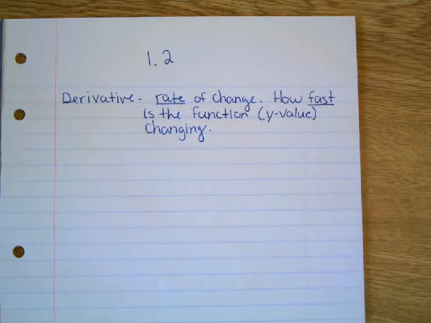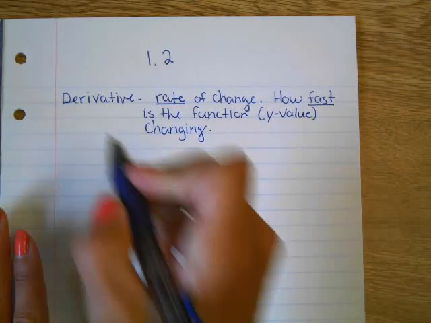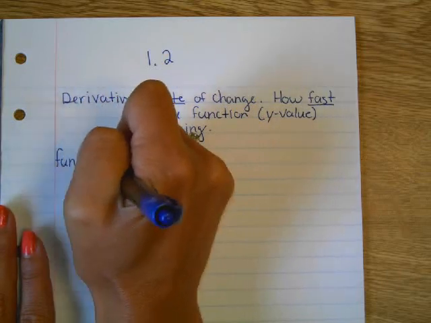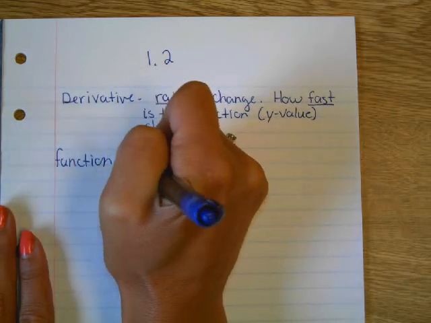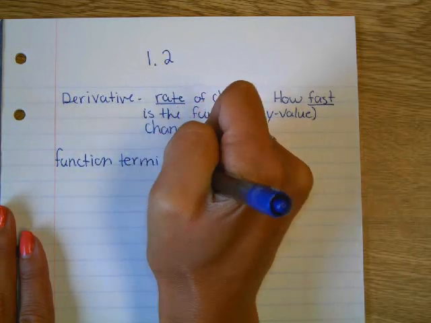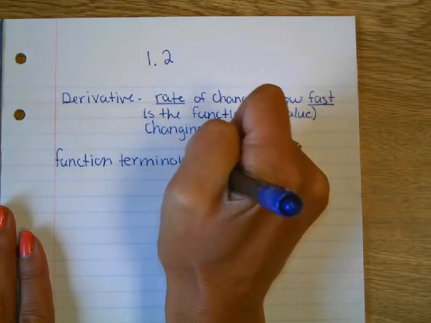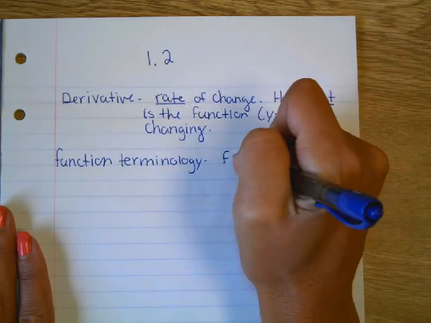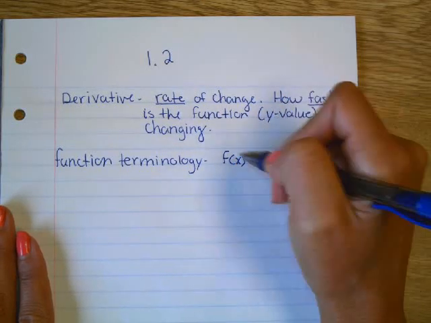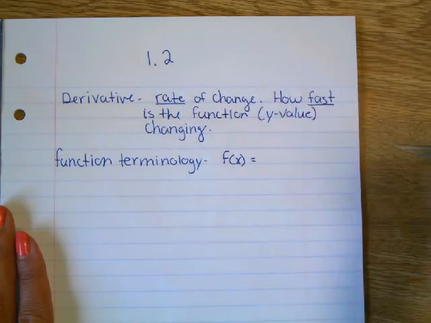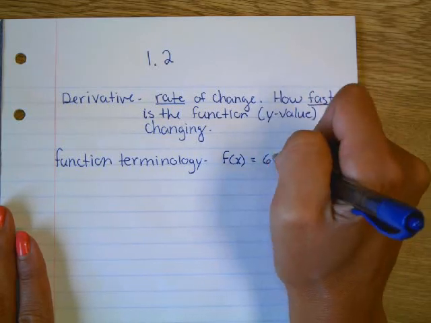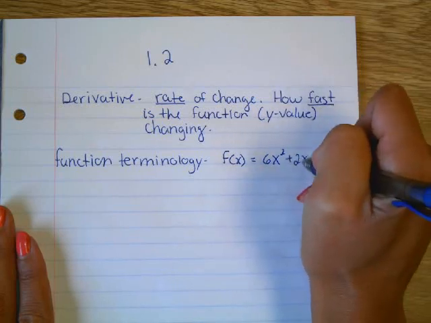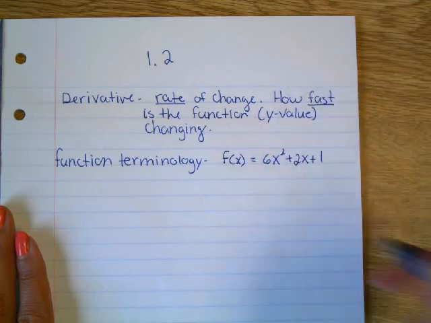Okay, quick review of some function terminology before we get started. Remember function terminology, we're just replacing the y with an f of x. The function f of x equals, let's say, 6x squared plus 2x plus 1.